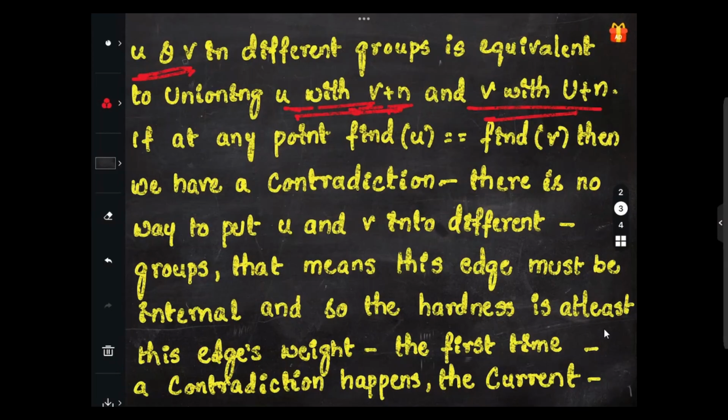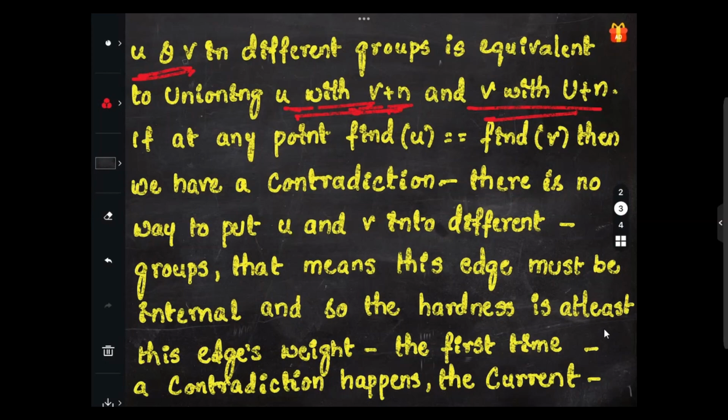If at any point find of u is equivalent to find of v, then we have a contradiction at that point, right? So there is no way to put u and v into different groups.